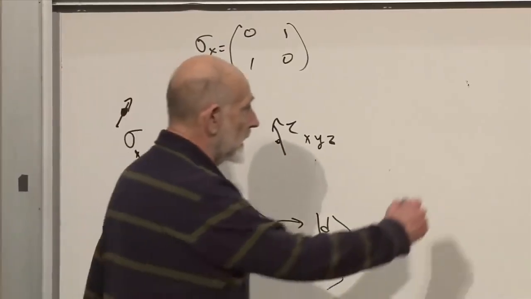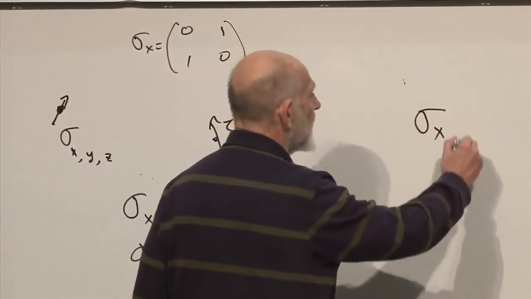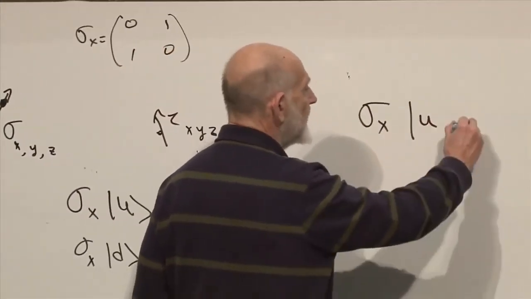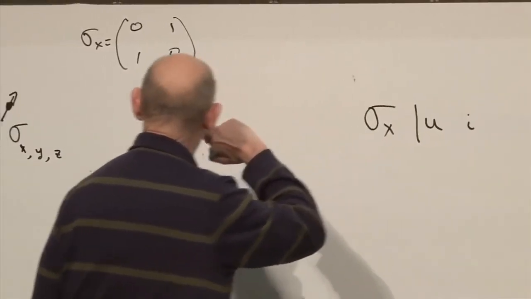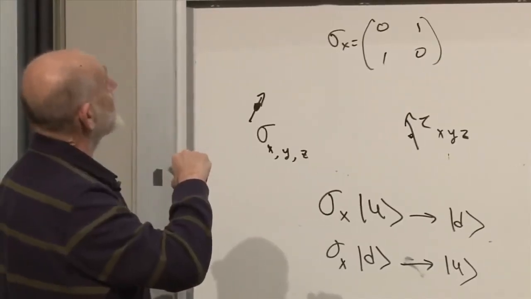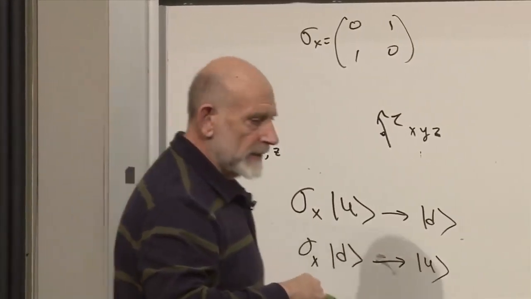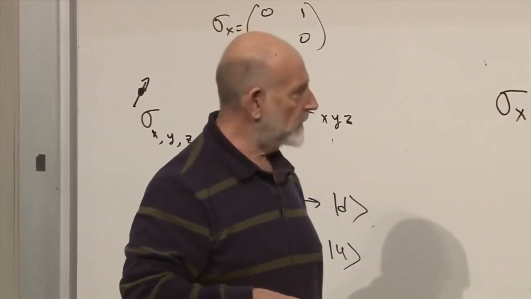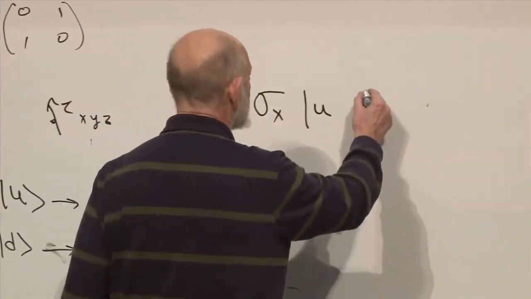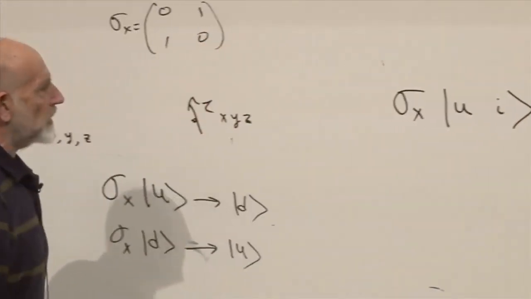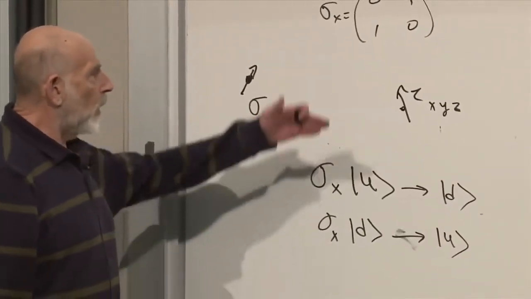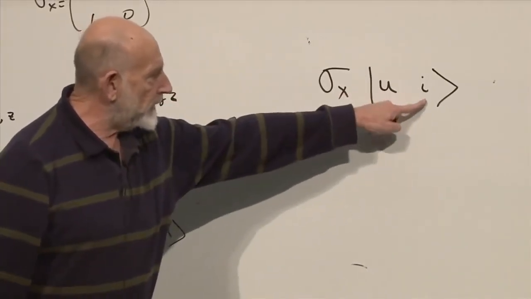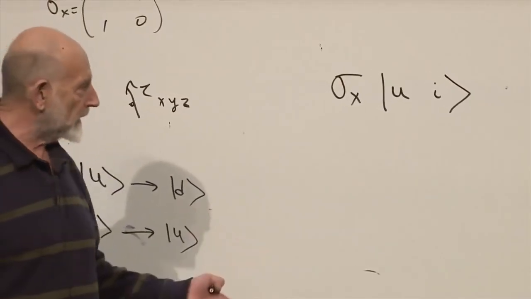Here's what it does on the combined system. Sigma x on any vector which begins with up and has anything, let's see, which one was A and which one was I? Second one was I, tau went with I. So sigma x, when it acts on up I, all it sees is the first thing here, and it's completely passive with respect to the second index.